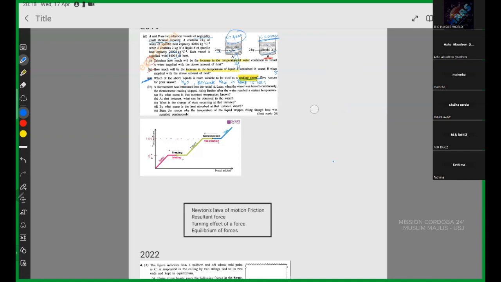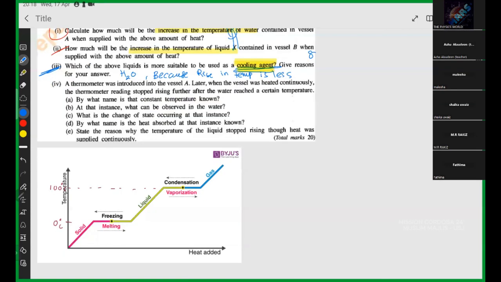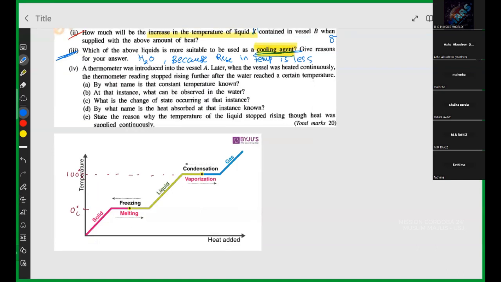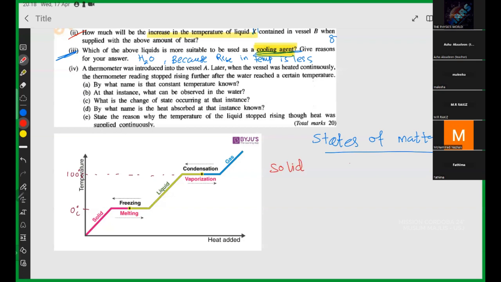Look at this graph. So this shows the state of matter. So what are the 3 states of matter? We have solid, liquid, and gas. Now let's explain from the graph.